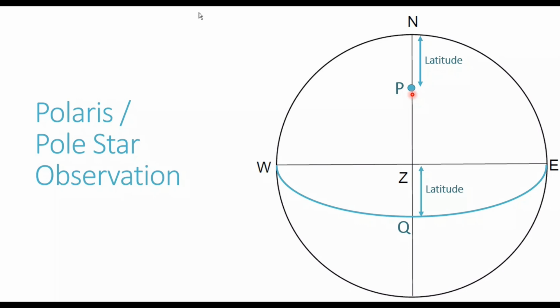So this is the basic concept behind the Polaris observations. We have the Polaris table or the pole star table given in the nautical almanac, which provides us this correction, which can be applied to the altitude of the pole star to easily obtain the latitude of the observer.